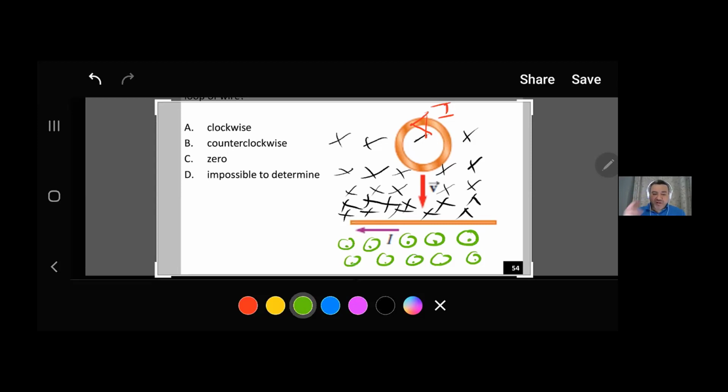So the current direction will not change. The current direction between moving from above the wire to below the wire will maintain the same direction.